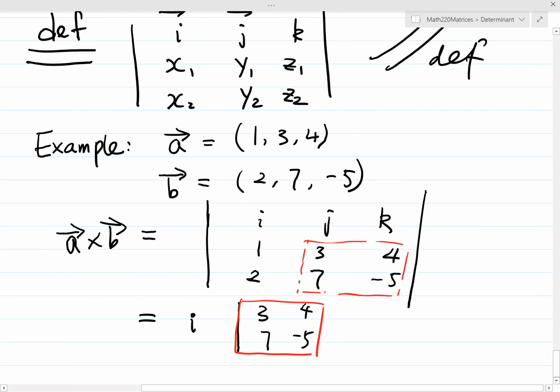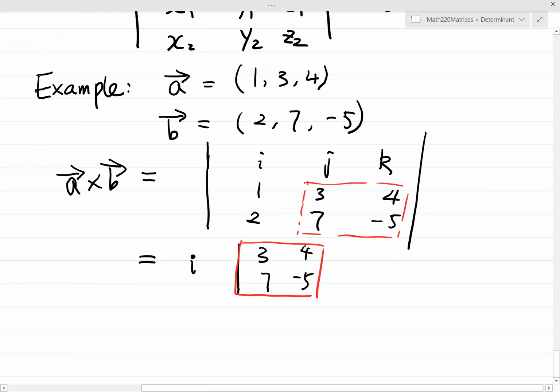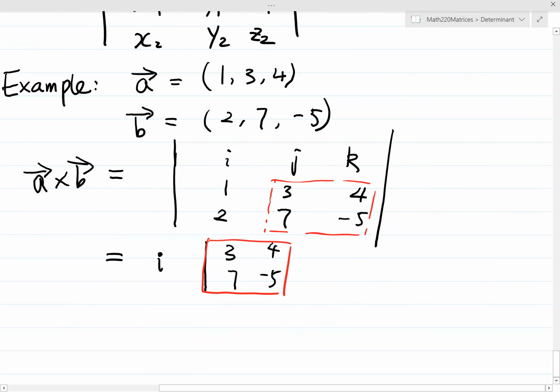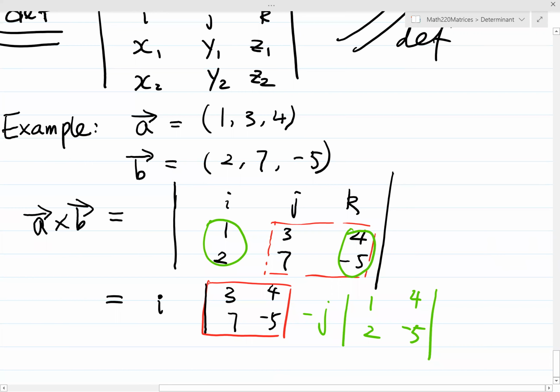Now for minus j, let's use green. For j, you cross out the row and the column of j. So what you get is this and this: 1, 2, 4, 5. And once you have k, you cross out the row and the column that has k.